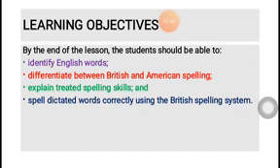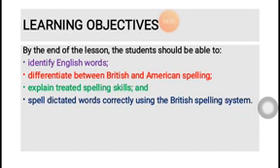You are also expected to be able to explain those spelling skills that will help you become better users of the English language. And lastly, you are expected to be able to spell dictated words correctly using the British spelling system.